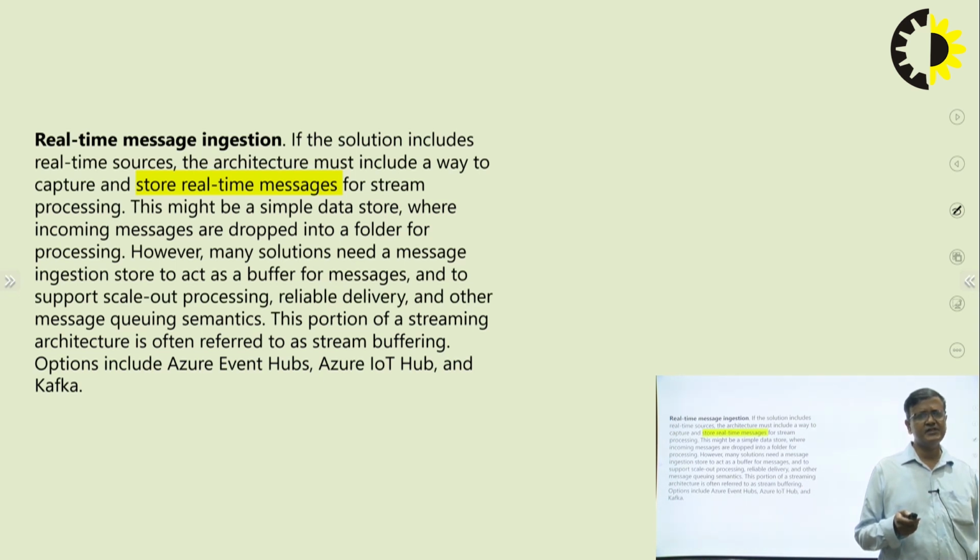So this portion of streaming architecture is often referred to as stream buffering. Options include Azure Event Hubs, Azure IoT Hubs, and Kafka. These are the tools, these are the techniques through which we will be able to ingest the message in real time. So remember, this is not about data ingestion, this is about message ingestion.